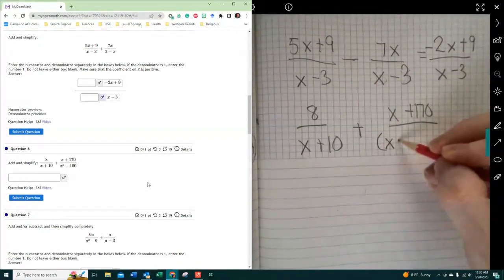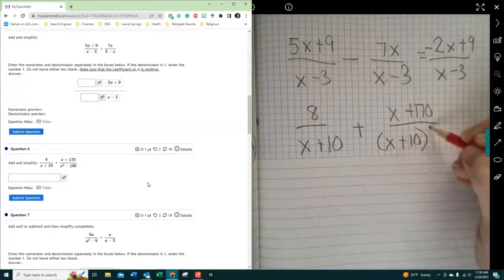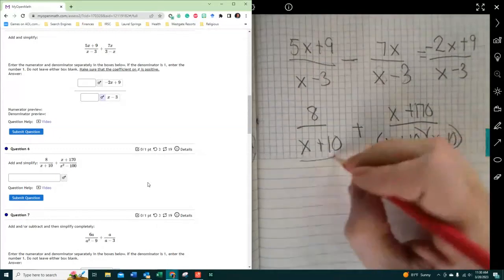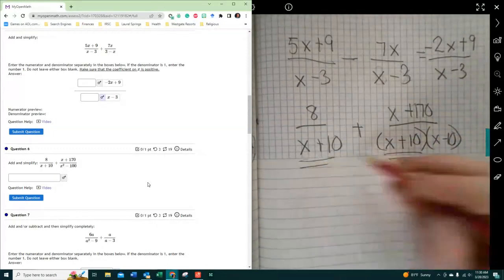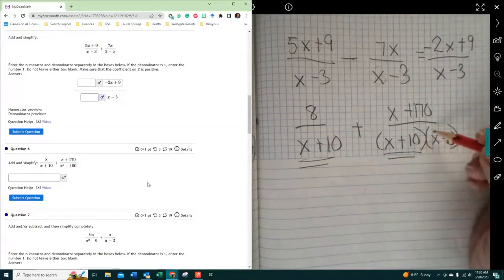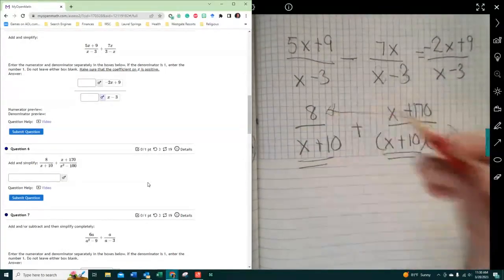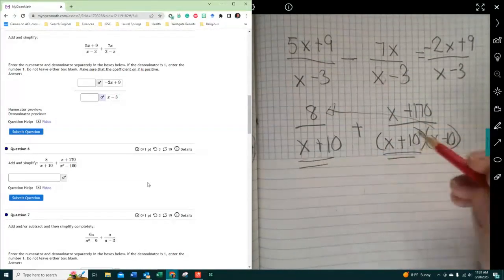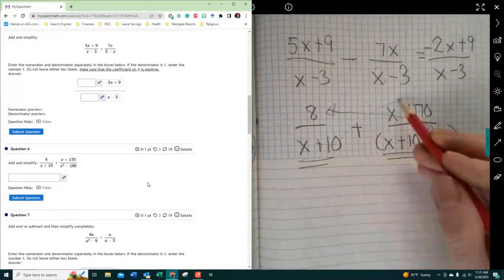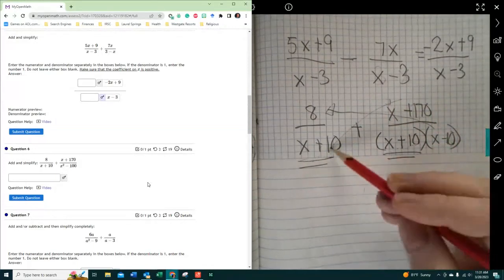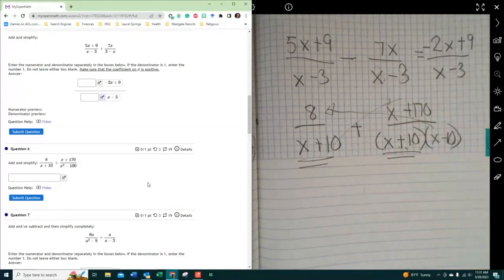So when it's the difference of two squares, we have x plus 10, x minus 10, and we see that they're the same here. Well, they're the same there, but this one doesn't have the x minus 10. So what we do is we multiply this to this. And since this already has the x plus 10, we don't need to cross multiply it like we did in the last lecture. We don't have to because it already has it there.